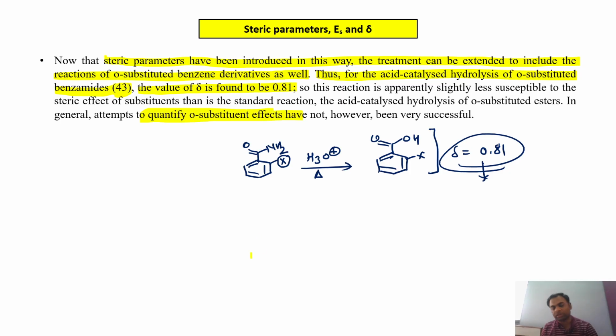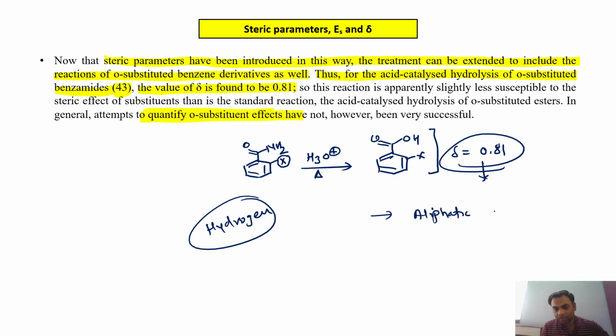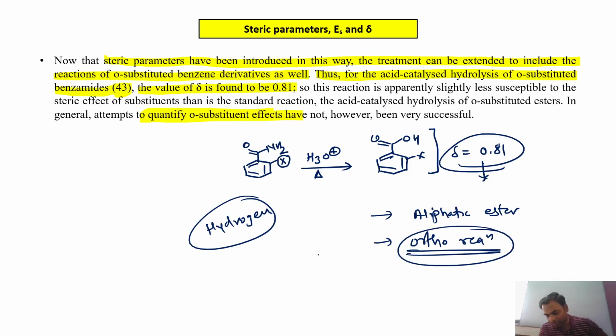When ortho substituents are there, there are other factors like hydrogen bonding, or due to the close proximity of this X group, it can have various effects, and therefore this Hammett type Taft equation is only applicable for aliphatic esters, and for many ortho reactions this equation is not very successful.